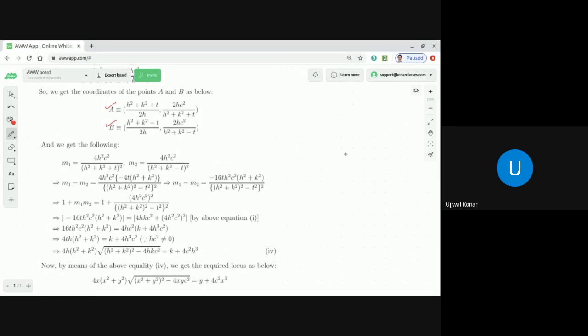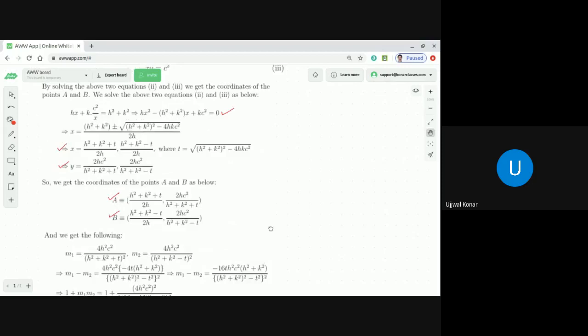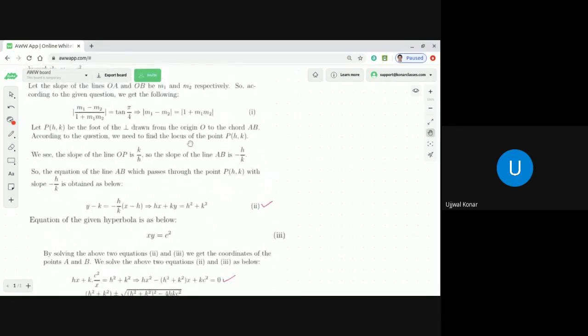Now let's go back to equation 1. What was equation 1? Mod of M1 minus M2 is equal to 1 plus M1 into M2. That is what we need to apply here.